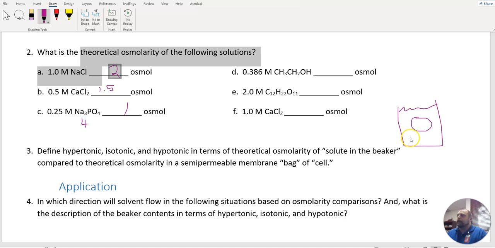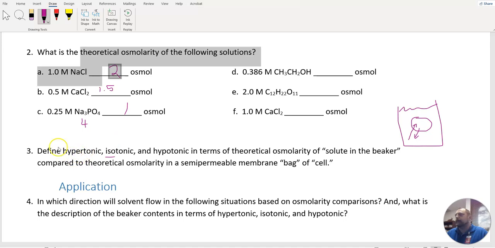So the water will be flowing into the bag if the inside of the bag is more concentrated than the outside. If they're the same, it'll flow in and out. Okay? And so we'll give you a picture and ask you to identify which way the water will go. It'll either be going both out or both in, or one in and one out. One in, one out will be isotonic when they're the same.